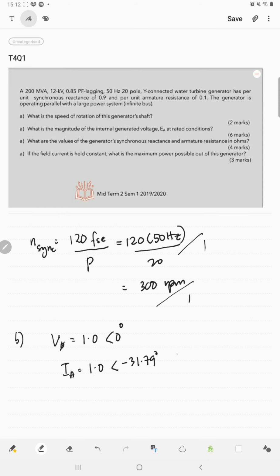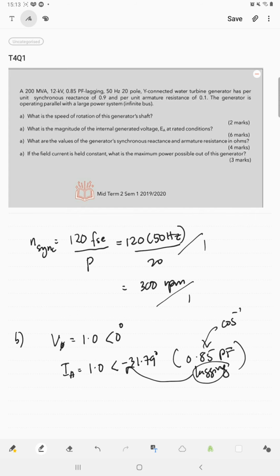Why? Because this is 0.85 PF lagging. Because it's lagging, we have the minus there, and cosine inverse of 0.85 gives 31.79 degrees. The power factor angle is the angle between the voltage and the current inside the system.